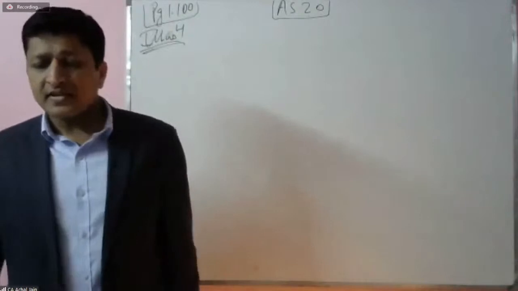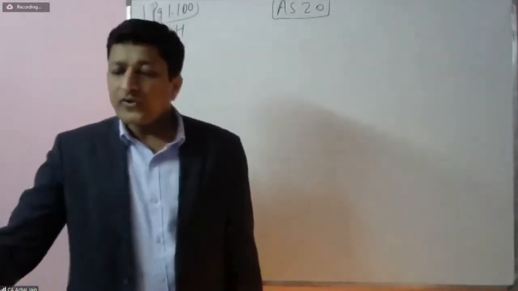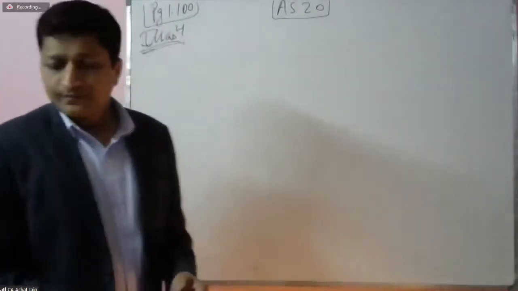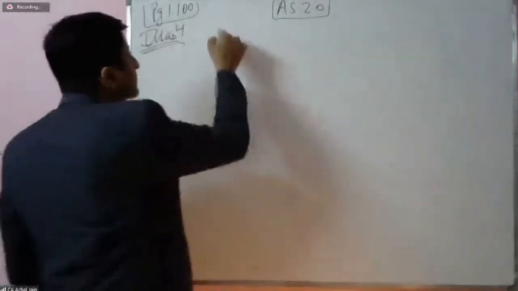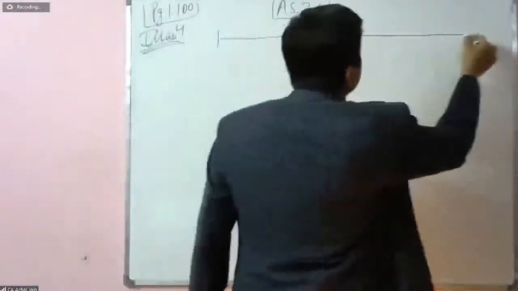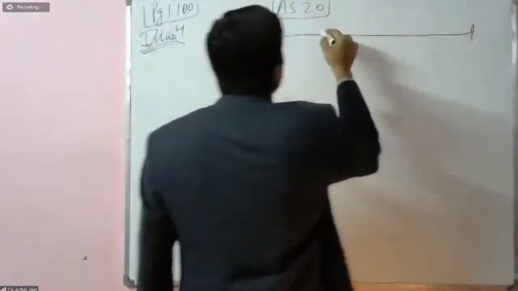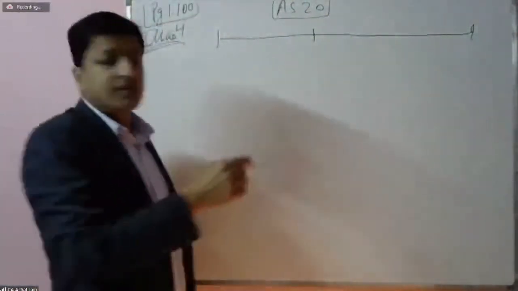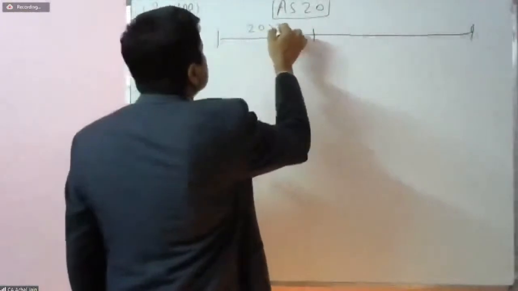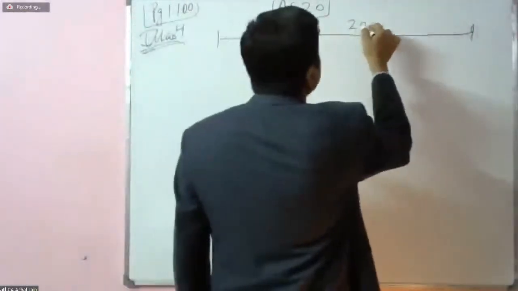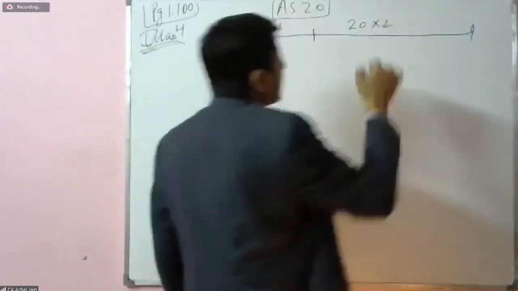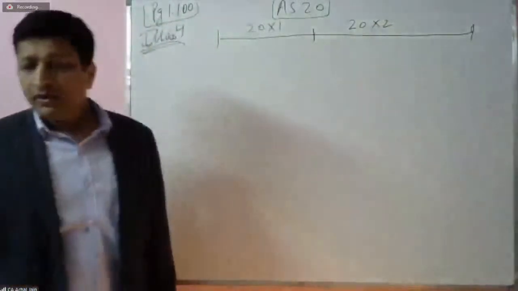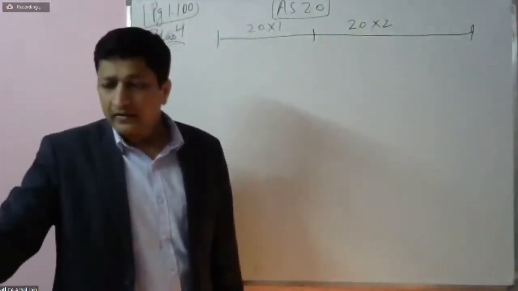Last date to exercise the right is 1st March X2. So what do we find? We have 2000 X1, 2000 X2. And once again, we find this to be a calendar year.